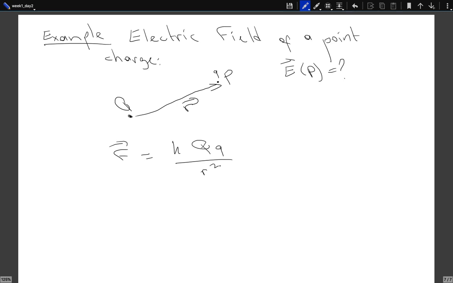So that's the point I'm looking at. So what will be the force acting on it? Its direction? How can I write it over here?